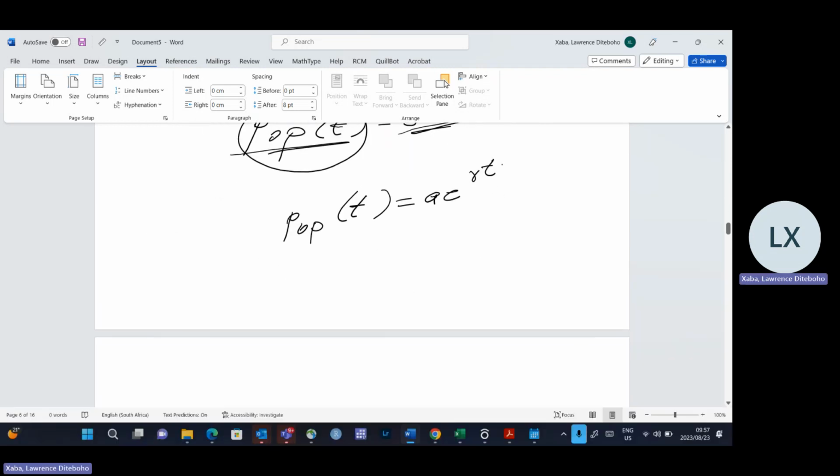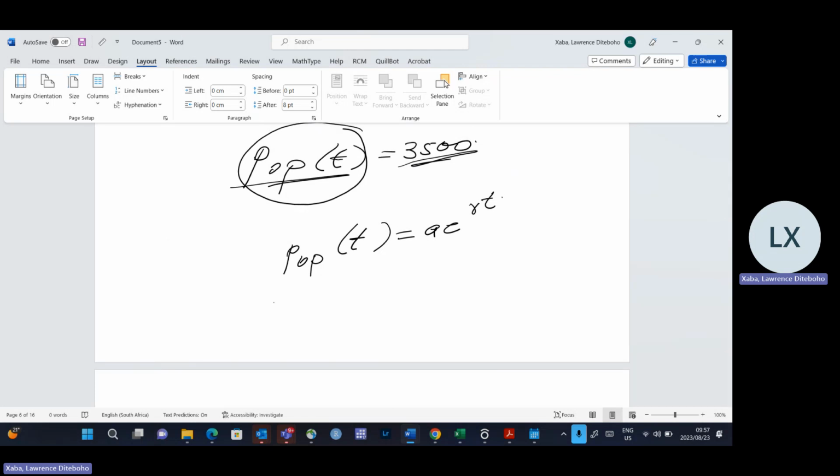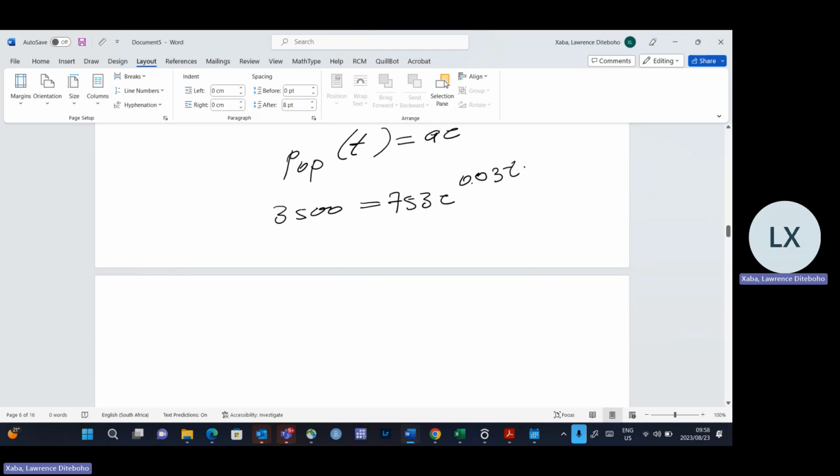And if our pop is equal to 3,500, it means where we see pop(t), we can now put 3,500 equals our A. Remember, our A is still the same, which is 753 e to the power 0.03t. Remember, our interest is to know the time for us to accumulate this population of 3,500.